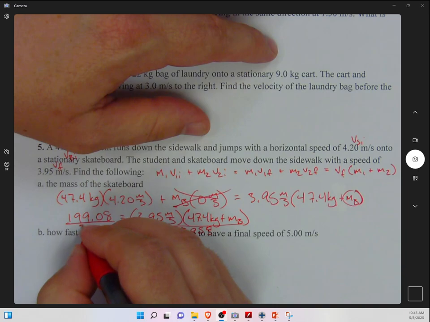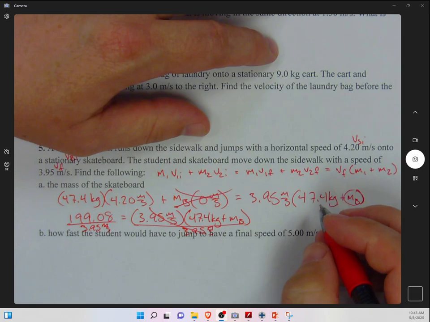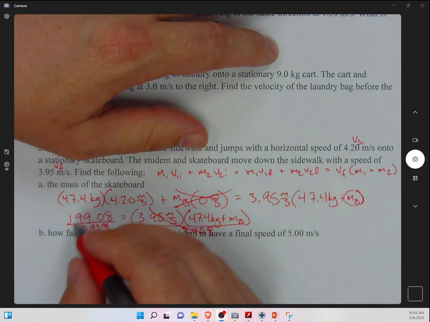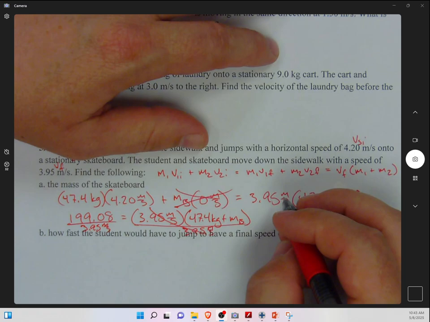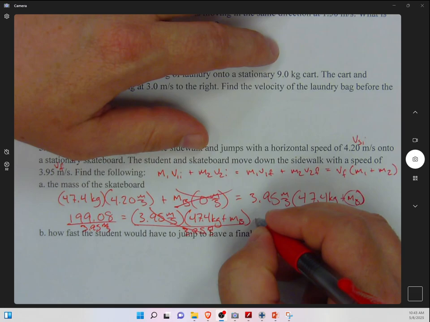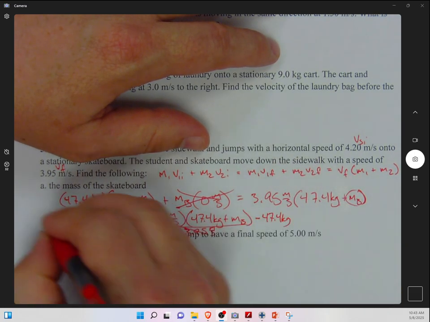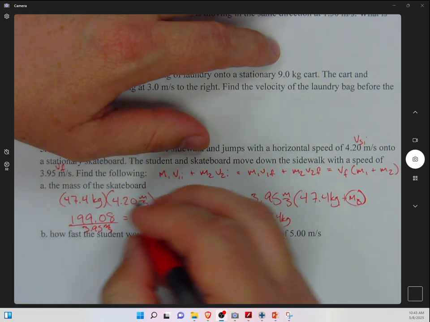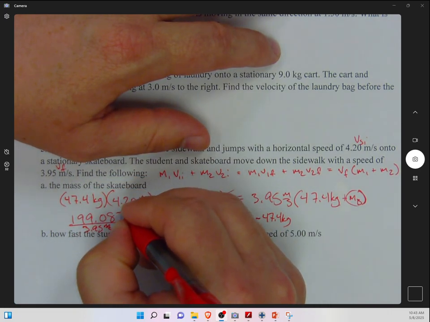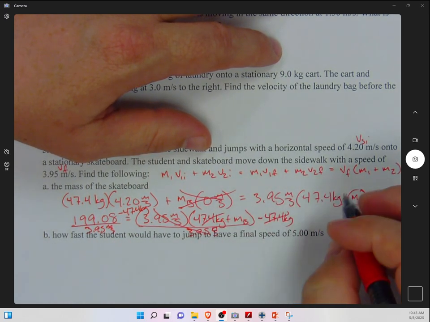Don't pretend like you can't read that. That goes away. And then, after I divide this, I'm going to subtract 47.4 kilograms from both sides so that that cancels.